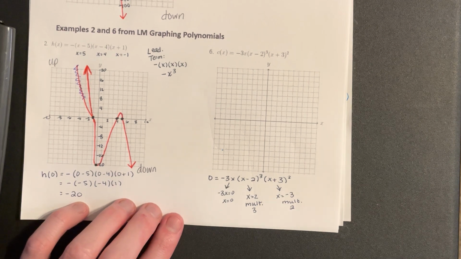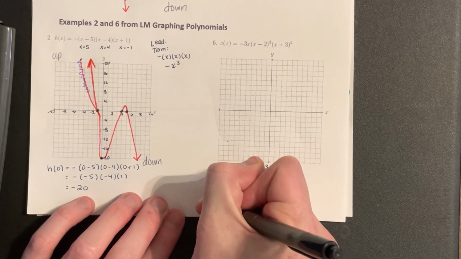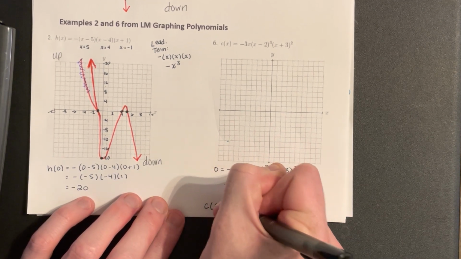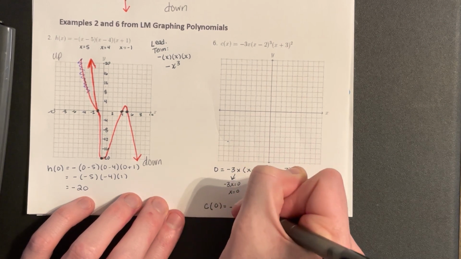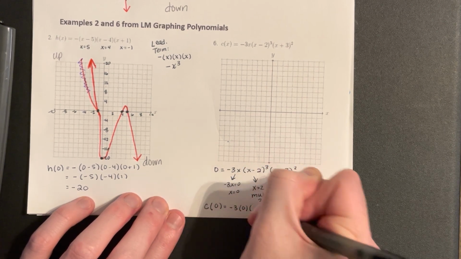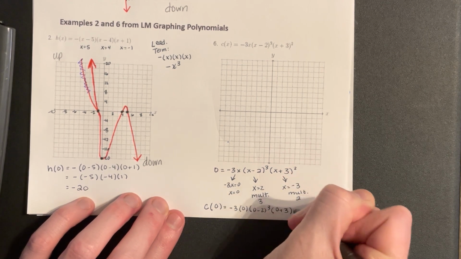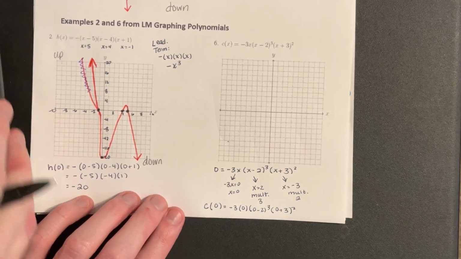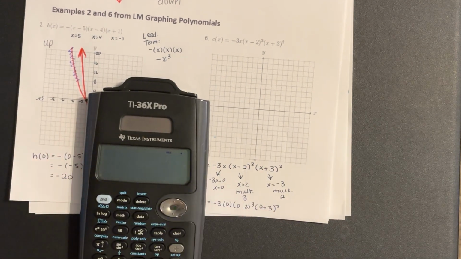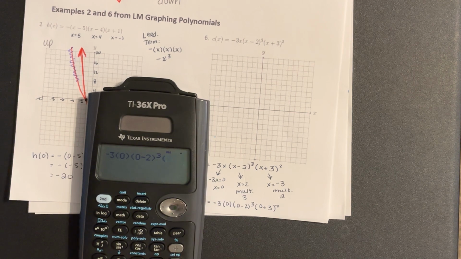All right, our y-intercept, if we were doing that, so we'd find c of 0. Negative 3 times 0 times 0 minus 2 cubed times 0 plus 3 squared. Maybe just put that in the calculator, but negative 3 times 0, 0 minus 2 cubed, and 0 plus 3 squared.